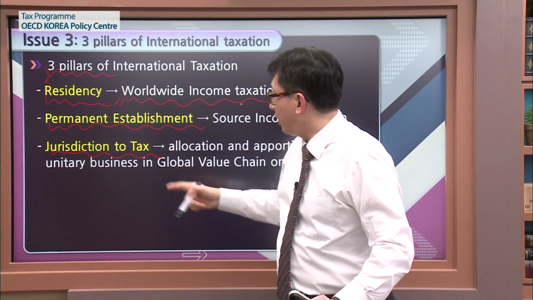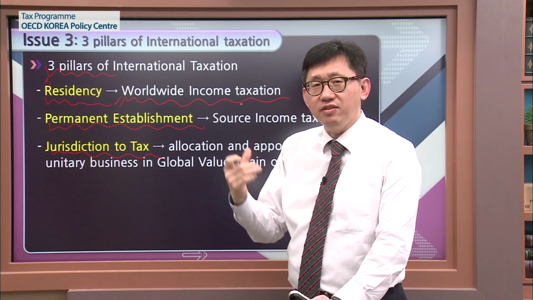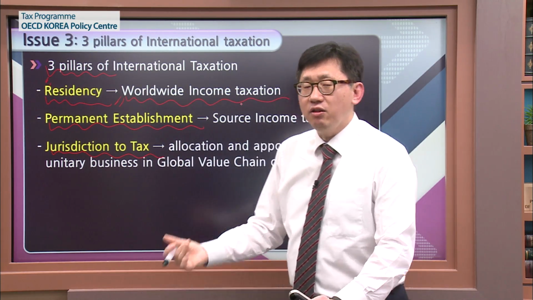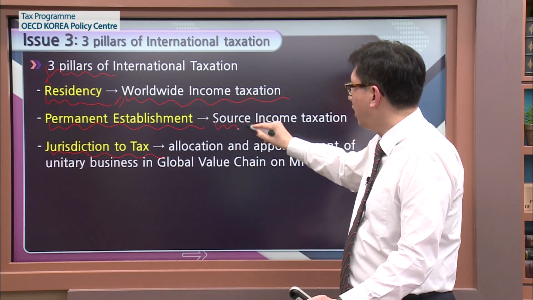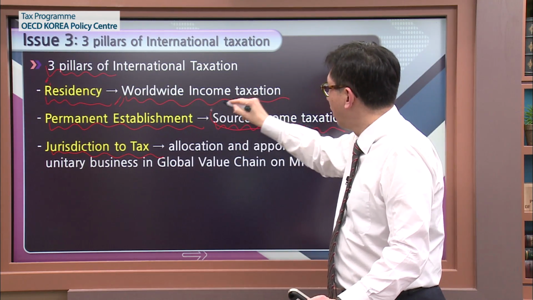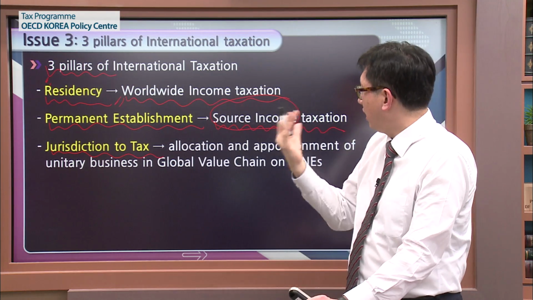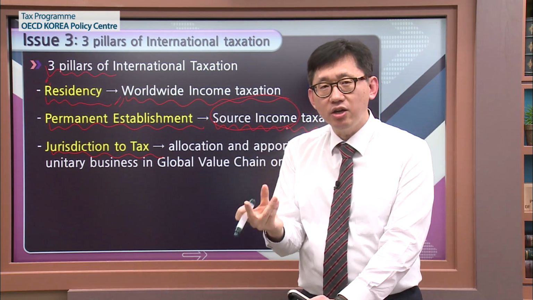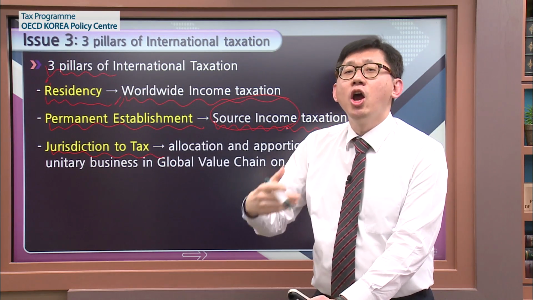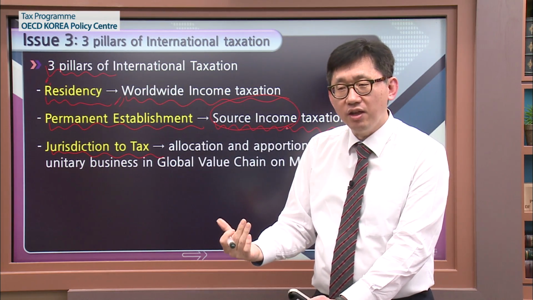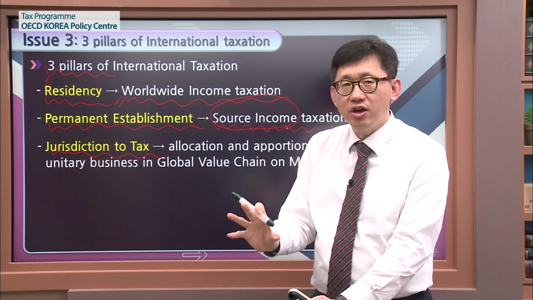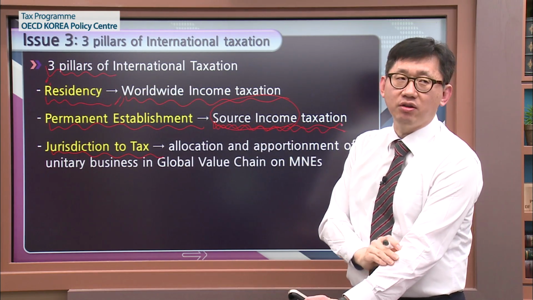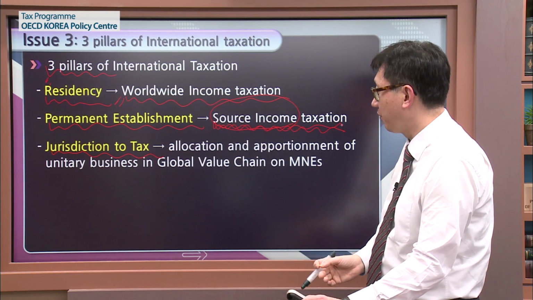And the opposite concept is when a company establishes a permanent establishment in the local market, then the source tax authority requires tax rights against the source income taxation. When some kind of income is generated in the source country's market, that fair share should be levied by the source country's tax authority.